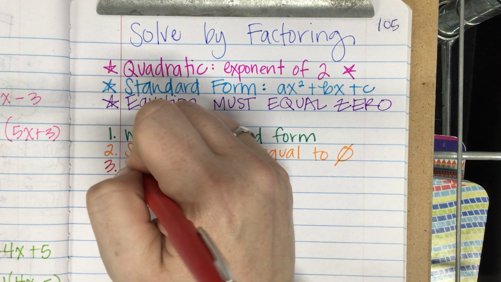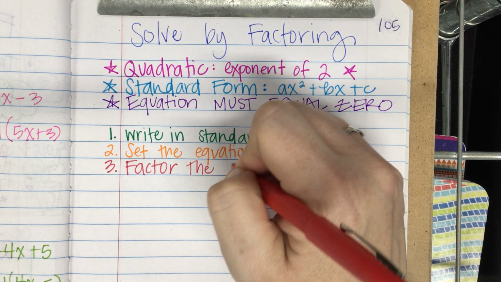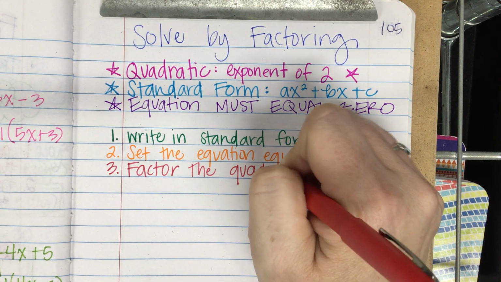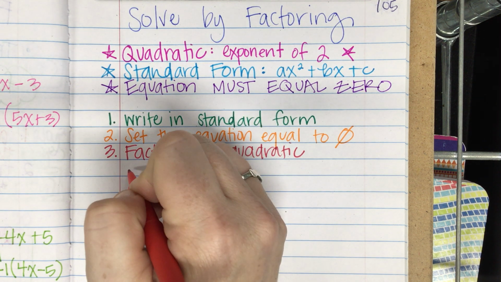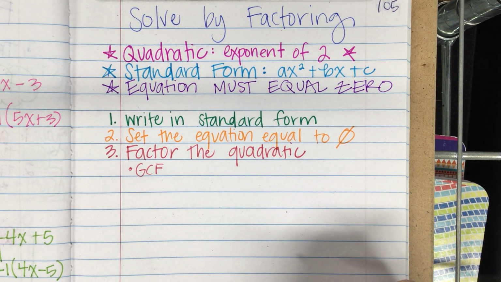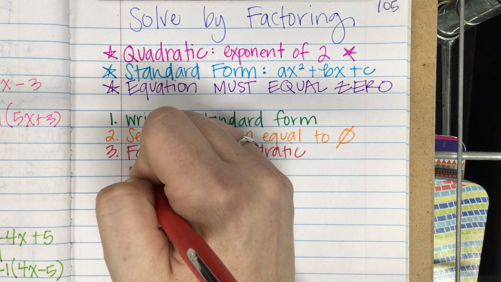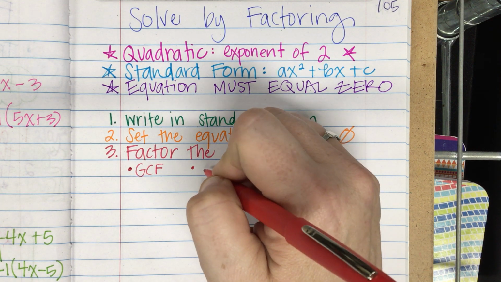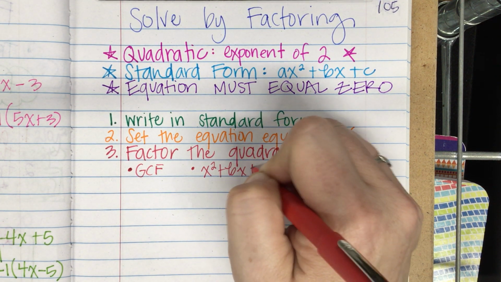We're going to factor the quadratic. Now, when you factor a quadratic, there may be a GCF. It may need to be the easy form, x squared plus bx plus c.